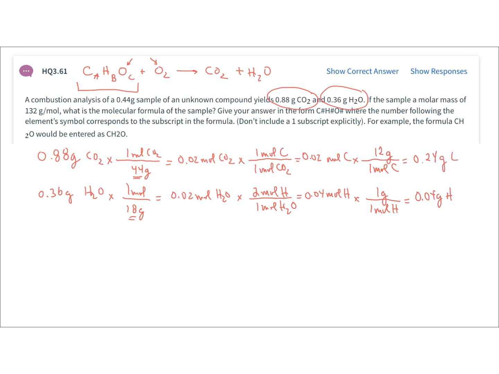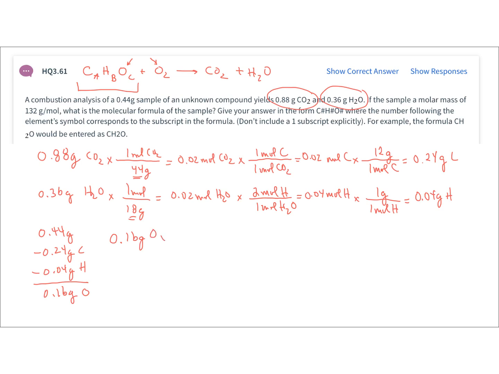My total mass is 0.44 grams. Of that, I have 0.24 grams of carbon and 0.04 grams of hydrogen. The remaining mass, 0.16 grams, needs to correspond to the oxygen. So I've got 0.16 grams of oxygen.